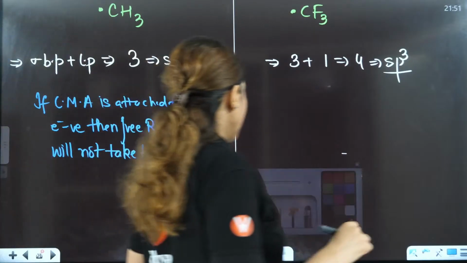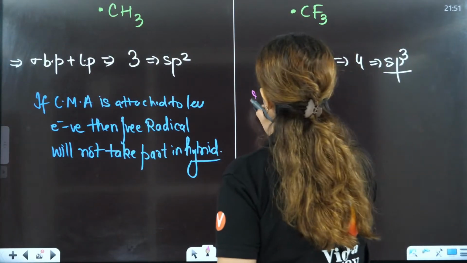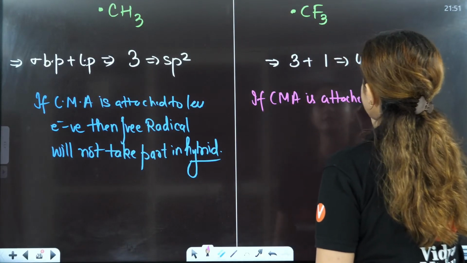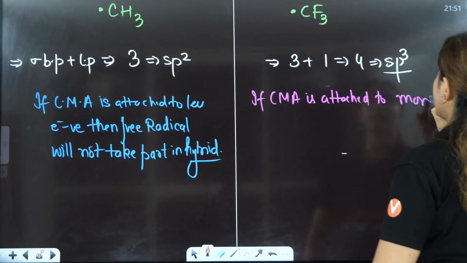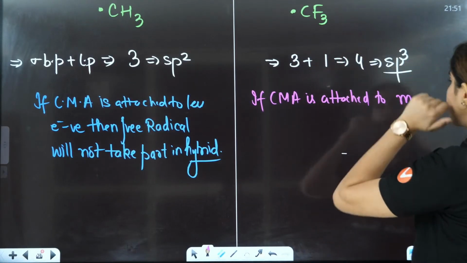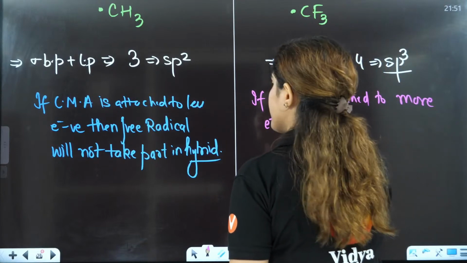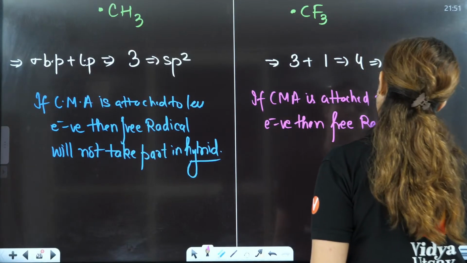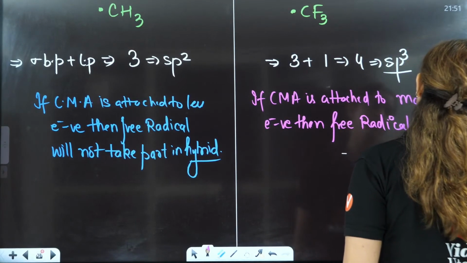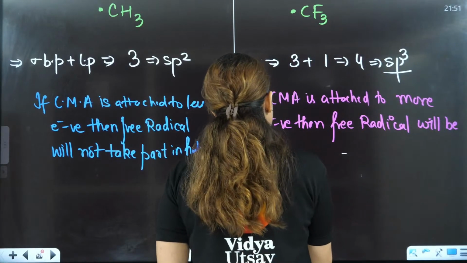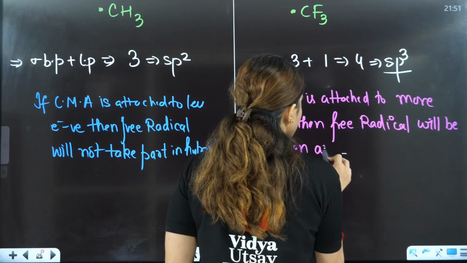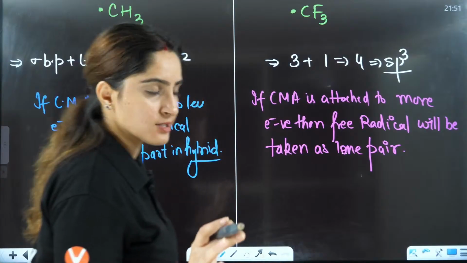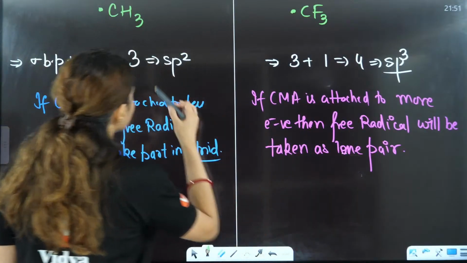But if the central atom is attached to more electronegative atoms, like fluorine, then the free radical will be taken as a lone pair. By convention, we take it like this. So that is the reason here it is sp2 hybridized.